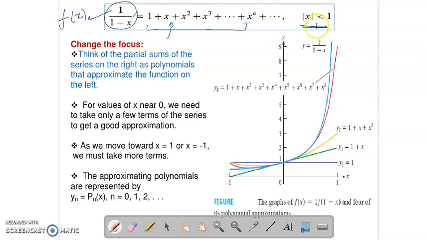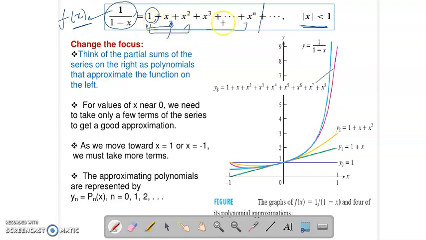This is an infinite polynomial, but I can just make it a finite polynomial, and we can say that this function can be approximated by this polynomial, right? So think of the partial sums of the series. So this is the series, this is its first partial sum, then second partial sum, then third partial sum.